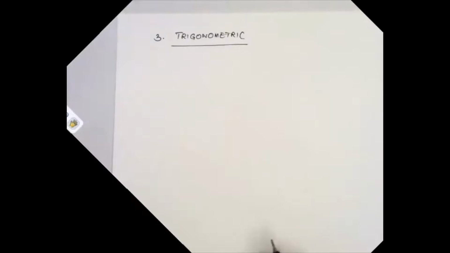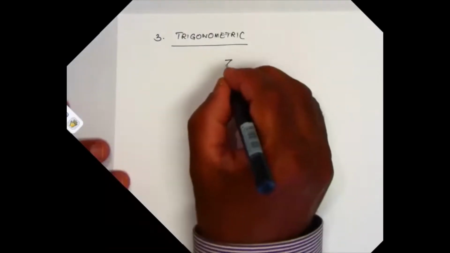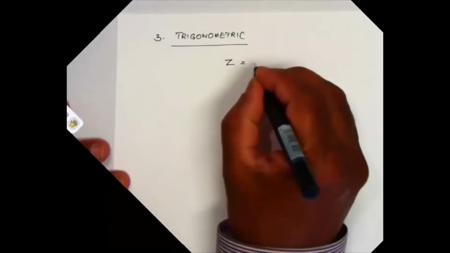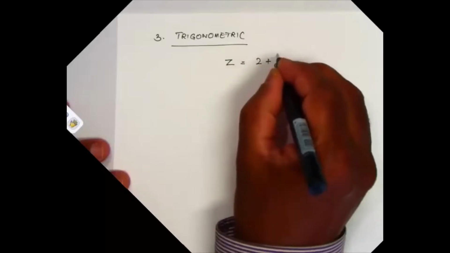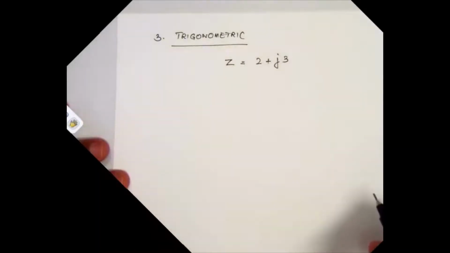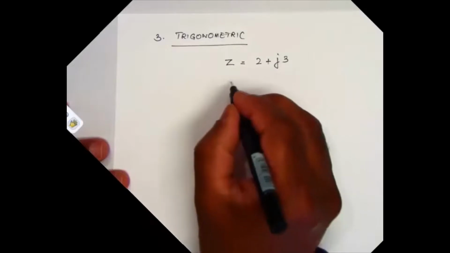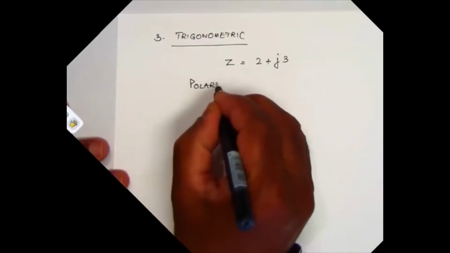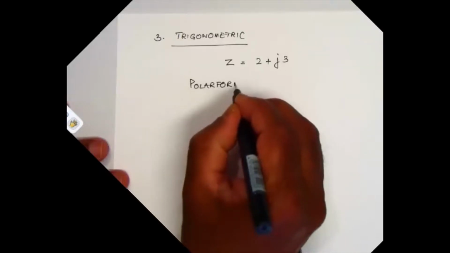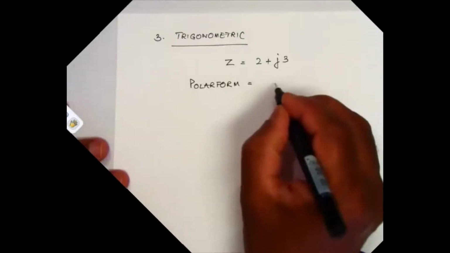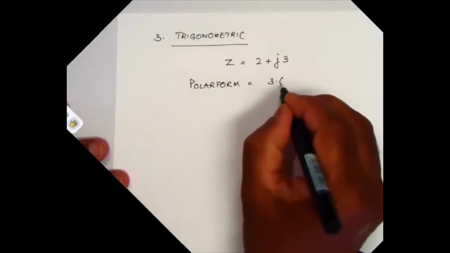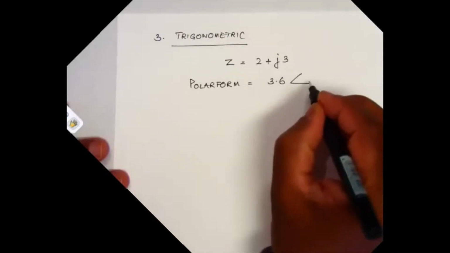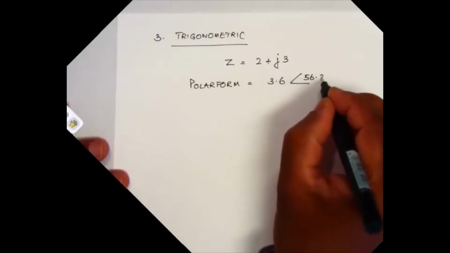So in this complex number, which we took as 2 plus j3, we know the polar form is 3.6 angle 56.3.